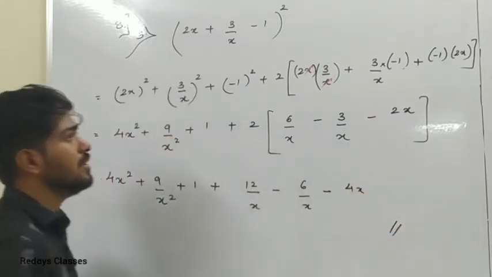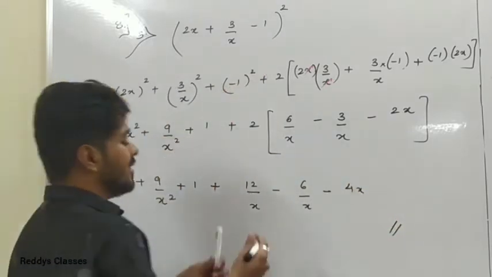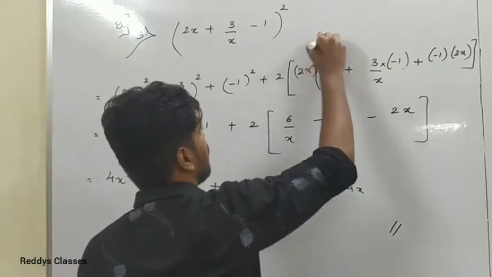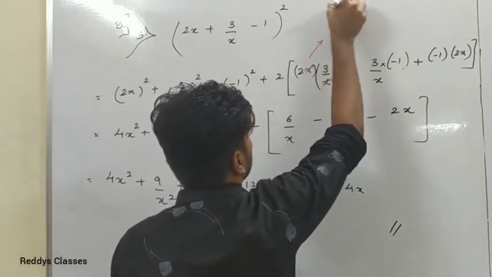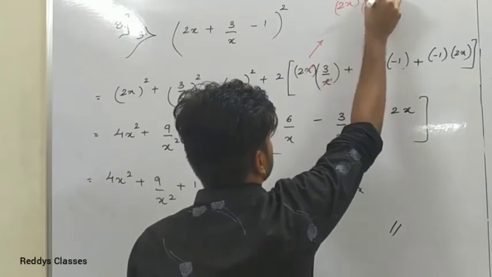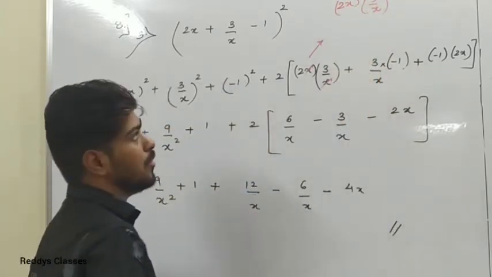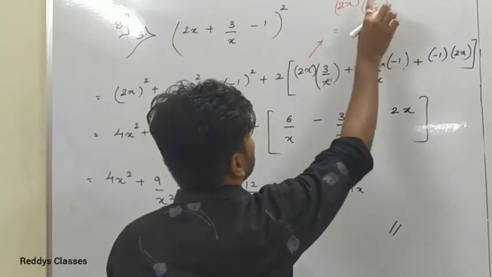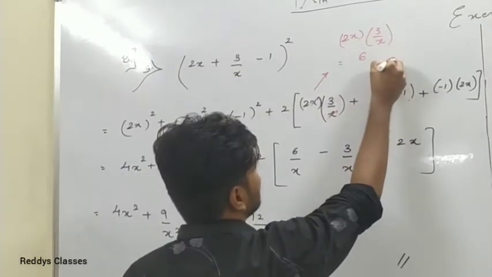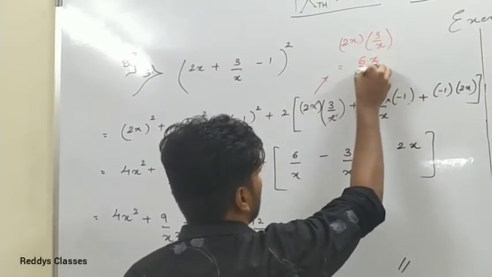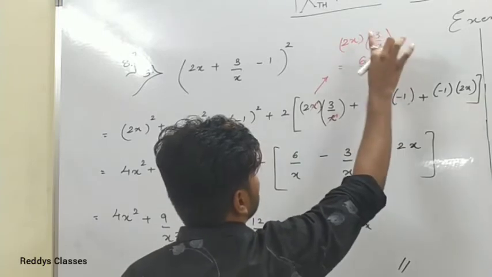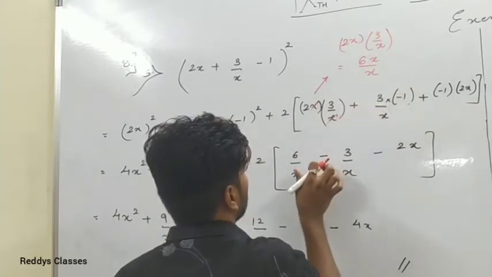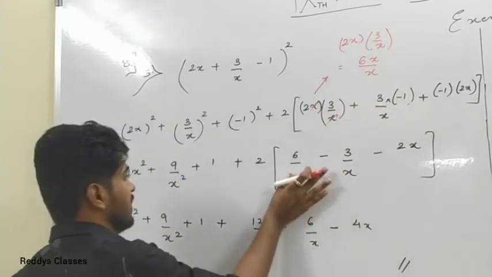See, simply we solve this equation. What happened here is, let me show you for this term, 2x and 3 upon x. For 2x and 3 upon x, can I write it like 6x upon x? We have 6x upon x.